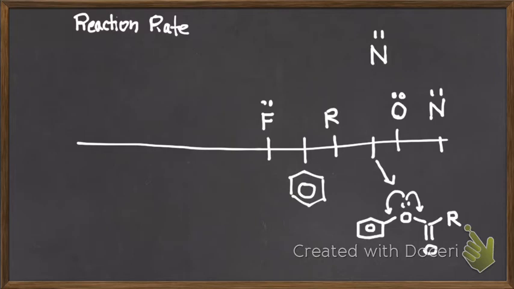Nitrogen can be involved in what are known as amide bonds. So I could have a nitrogen connected to, let's say, a hydrogen, because you still have to have something else up here. It could be other things.